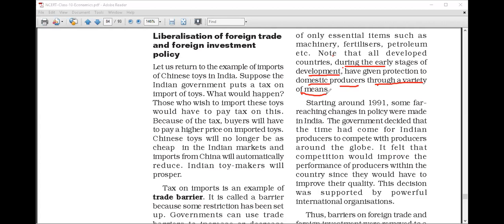Before 1990, there was no liberalization accepted by India for foreign trade and foreign goods, because the policy followed by the Indian government was to protect Indian producers and avoid competition from foreign goods or MNCs.